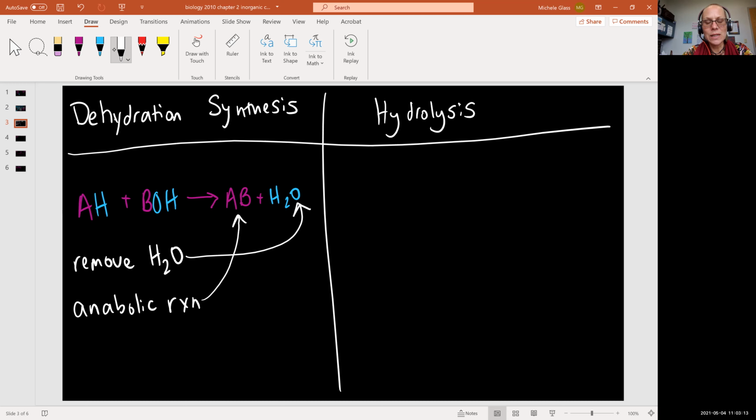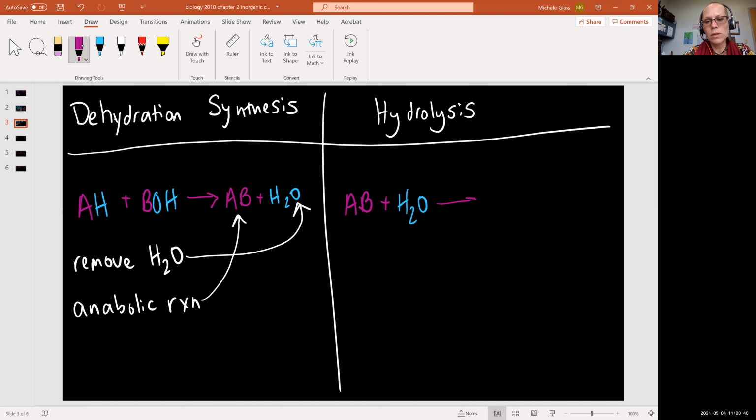Exactly the opposite of this is hydrolysis. Now, if you want to, you can break down this word: hydro as in water, lysis as in to break. We're going to use this term lysis quite a lot in the course. We can write this equation out, but notice we're going to go the opposite direction. We're going to start with the molecule AB and combine it with water.